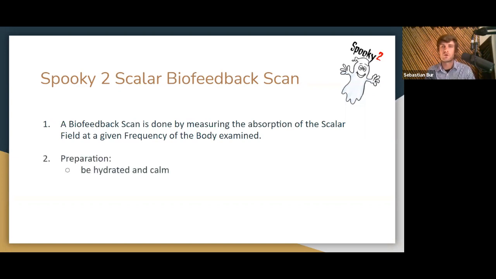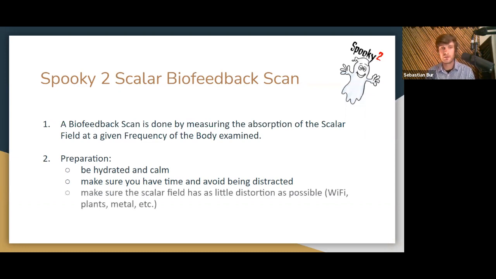To prepare for that, you obviously want to be hydrated and calm. That's always good. Make sure you have some time, and make sure you don't get distracted, or tell people that you're going to do a scan, because they can take some time, depending on how you set it up. What's important is to make sure there's basically no metal in the field, in between and around the two scalar devices.